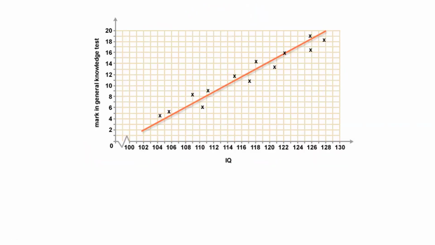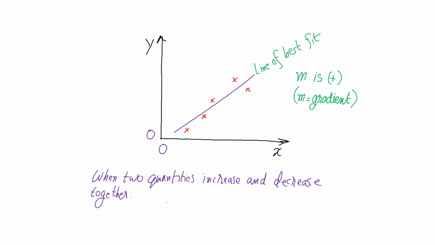This is called a positive correlation. When two quantities increase and decrease together, again, this is not directly proportional. They are going together, that's all. So now give the heading number 1, positive correlation.